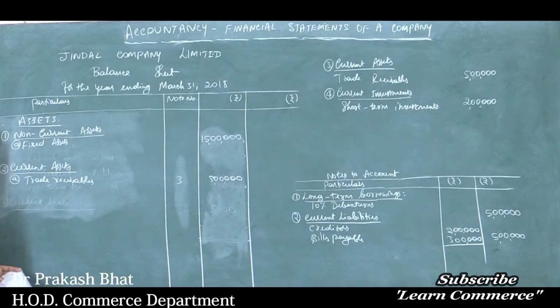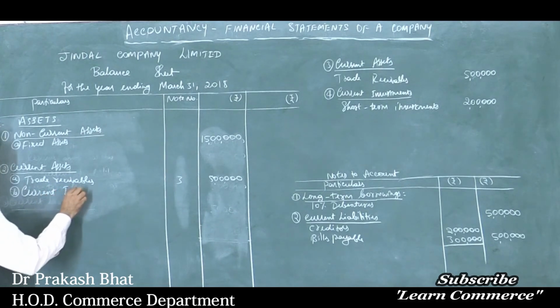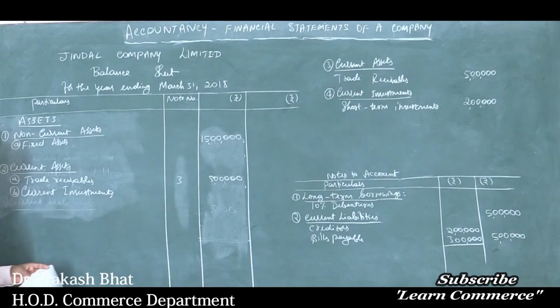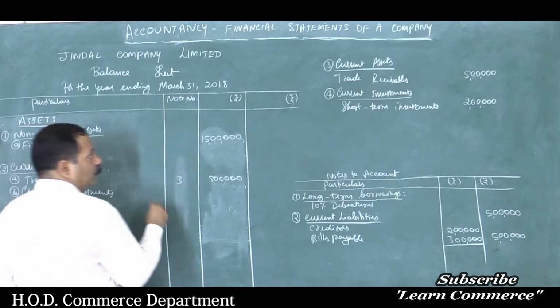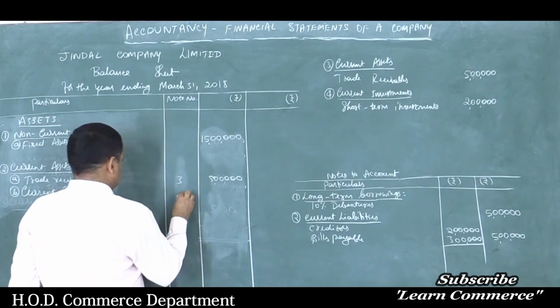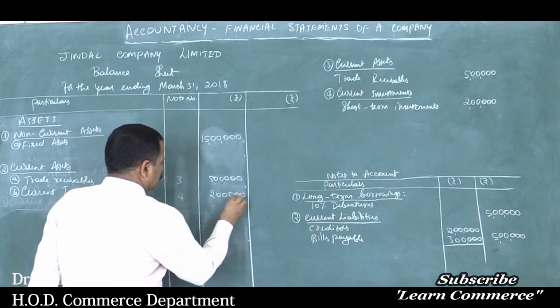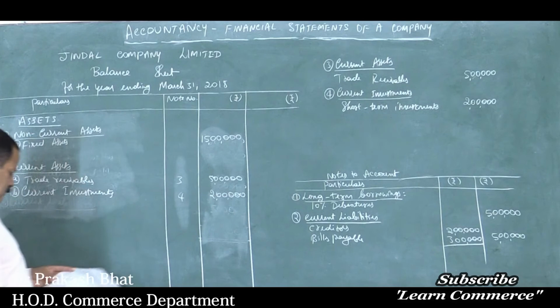Then point B, current investments. Current investments, how much? Note number 4, it is 2 lakh. Is it over?